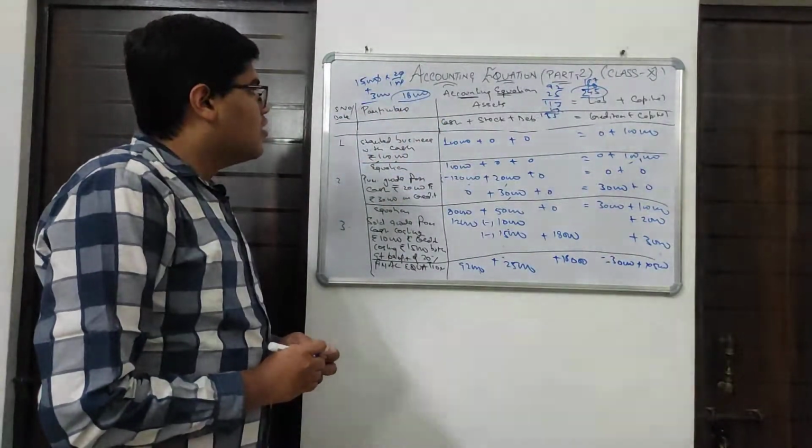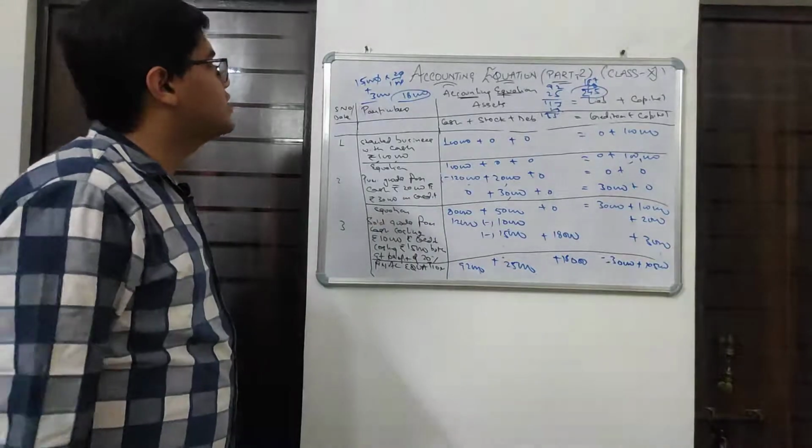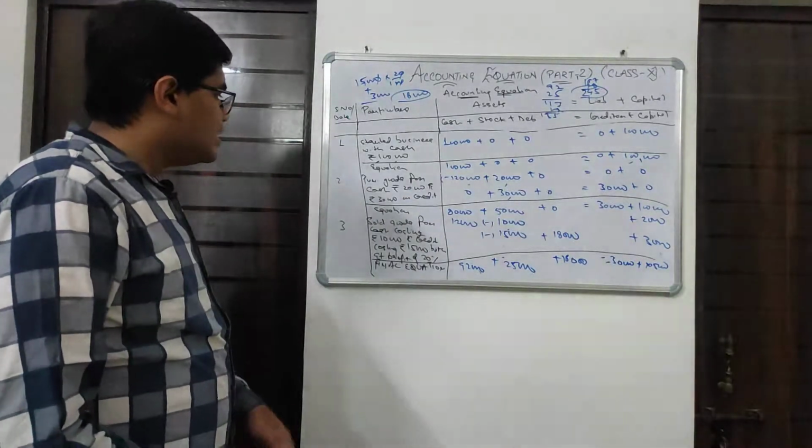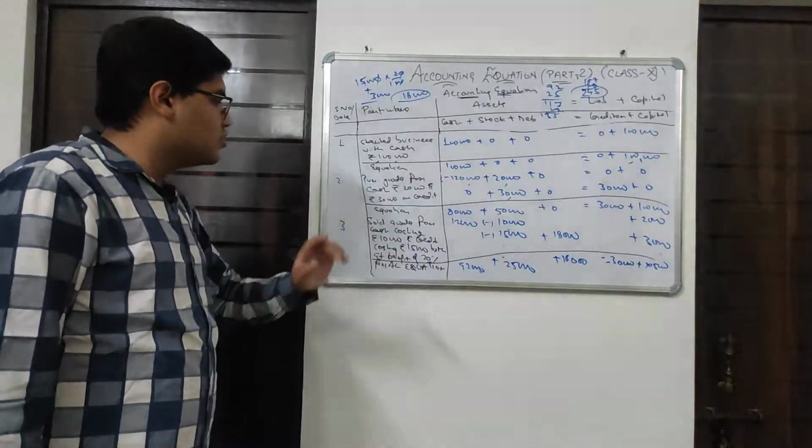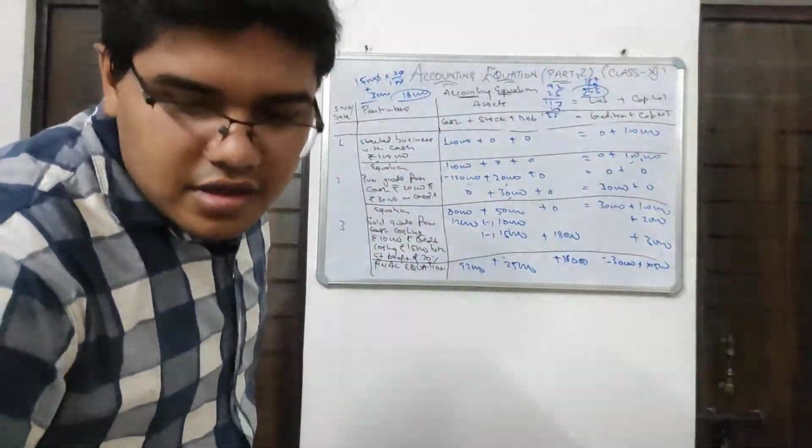So this was all for the concept. Hope the concept is clear to you. Now let us discuss the concept for purchasing the goods on credit and selling the goods on credit.